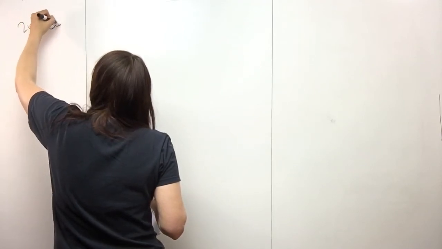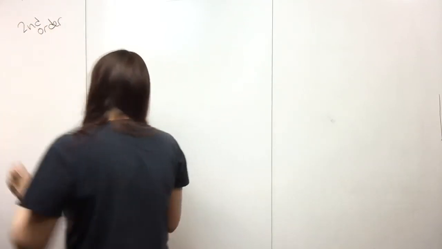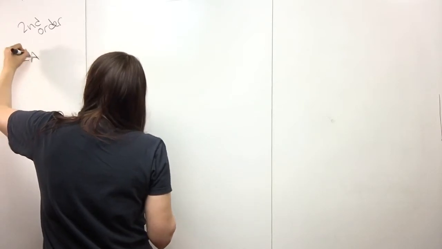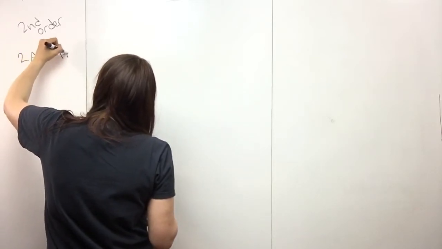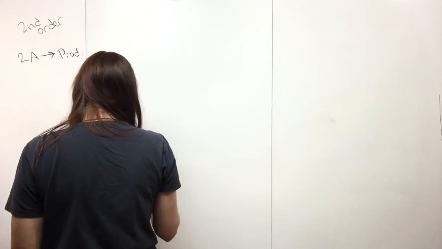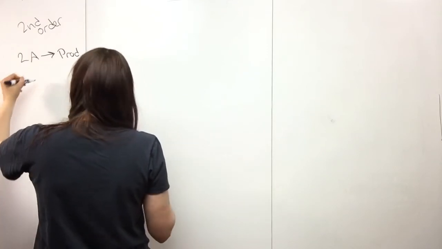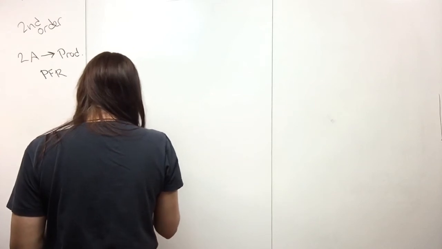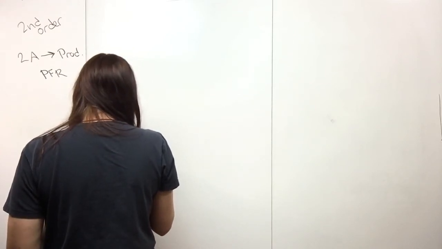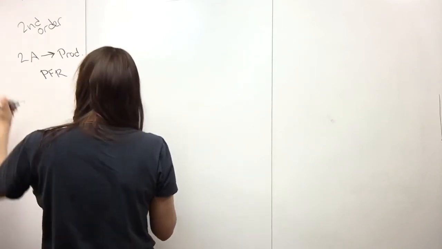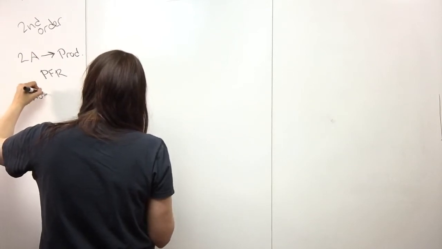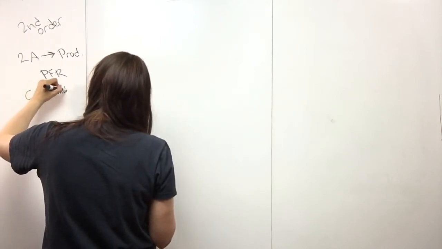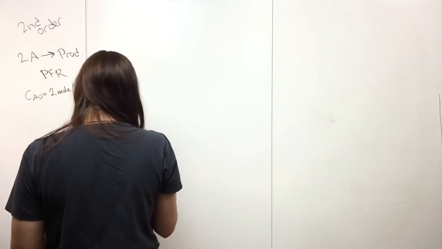Number 2, it says you have a second order reaction, so second order, that it's 2A to product. And it's in a PFR. The initial concentration is 2 moles per liter, so Ca naught is equal to 2 moles per liter.